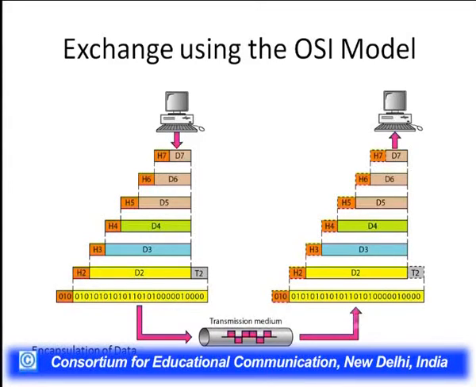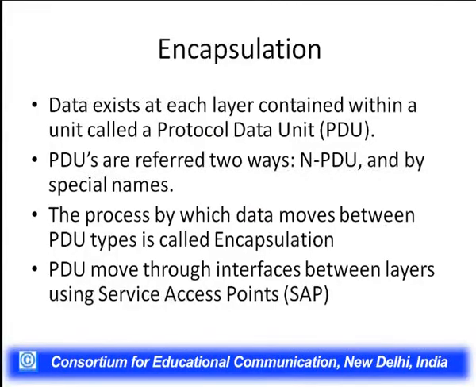So this concept of data encapsulation becomes very important when the data is to be transmitted efficiently and securely across the various networks. Encapsulation means that data at each layer is contained within a unit called the protocol data unit, or the PDU.